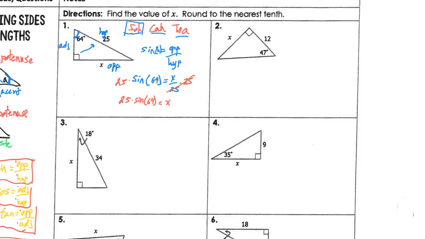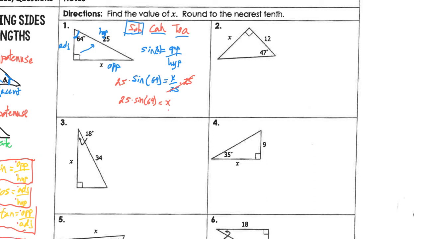Select the degree by pushing enter on it, and then you can just hit the clear button and you'll go back. Then you just type 25, hit times the sine, and the sine button is SIN. It's two buttons above the 7. Then you type your angle, which in this case is 64, close off the parentheses, and hit equals.